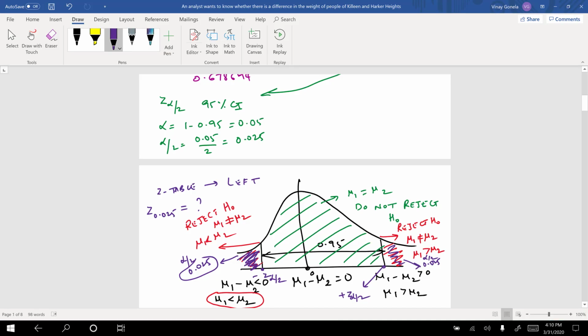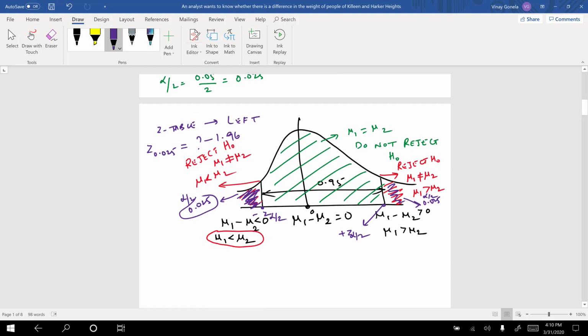So this will be negative 1.96. So I will go here and write, so this value z alpha over 2 here will be negative 1.96. This one here will be plus z alpha over 2, which will be positive 1.96.